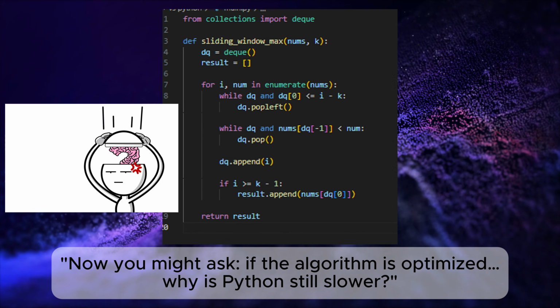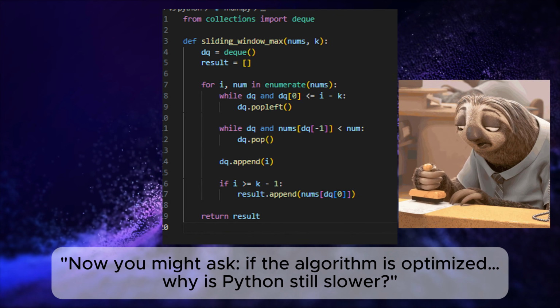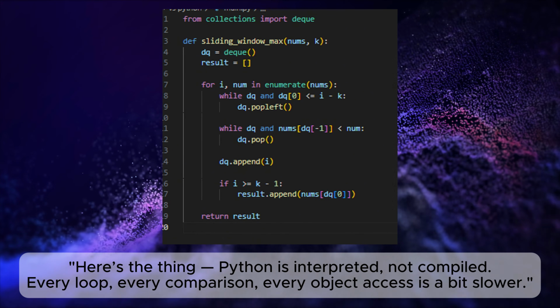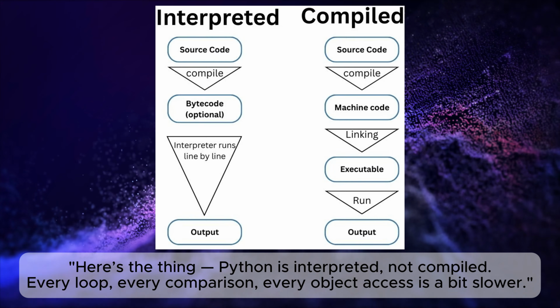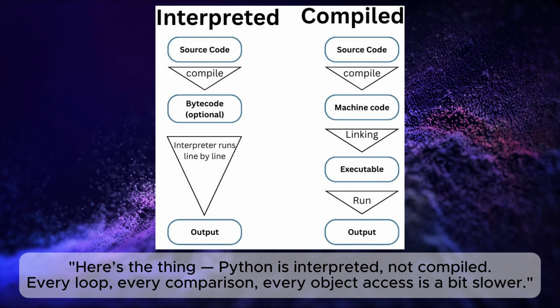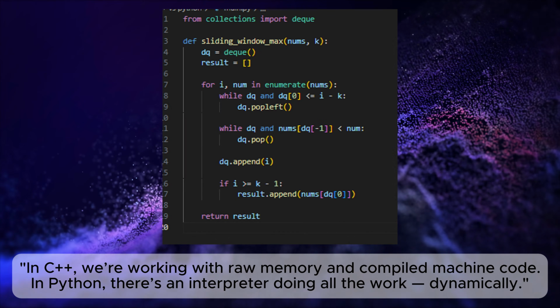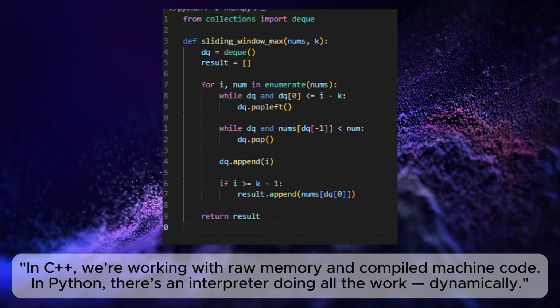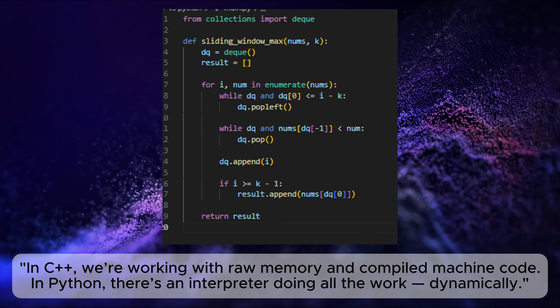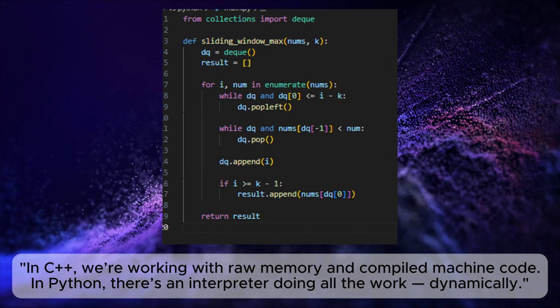Now you might ask, if the algorithm is optimized, why is Python still slower? Here's the thing. Python is interpreted, not compiled. Every loop, every comparison, every object access is a bit slower. In C++, we're working with raw memory and compiled machine code. In Python, there's an interpreter doing all the work, dynamically.